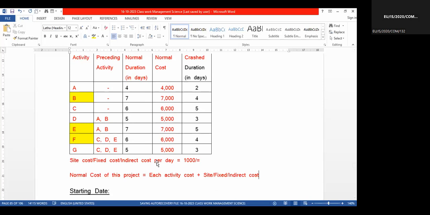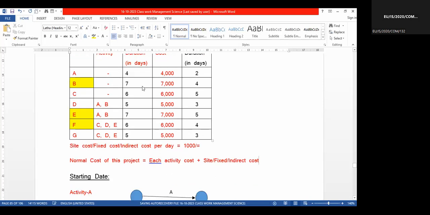Total activity cost. There are 7 activities, right? Each activity cost A, B, C, D, E, F, G. So how much is the total cost for all these activities? 4,000 plus 7,000 plus 6,000 plus the rest is 40,000.